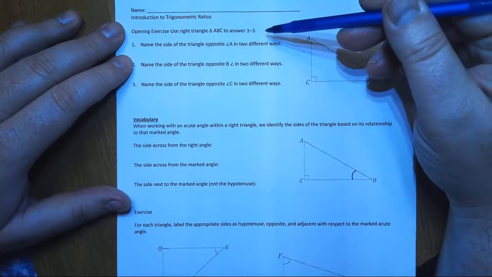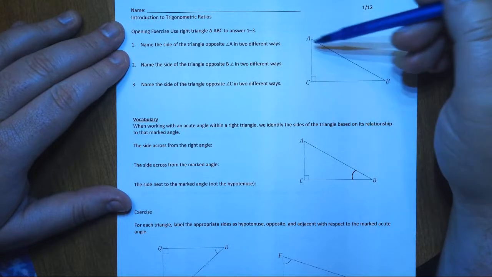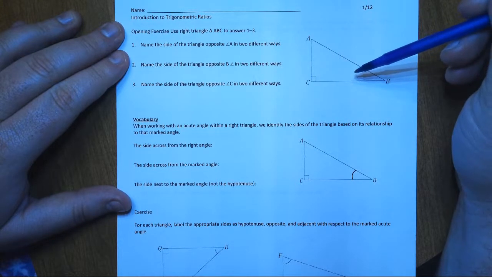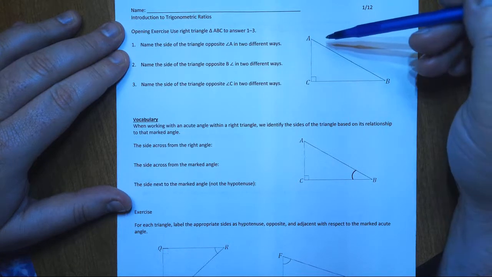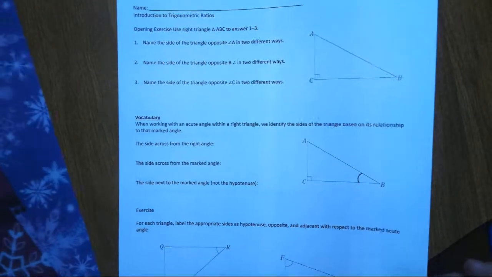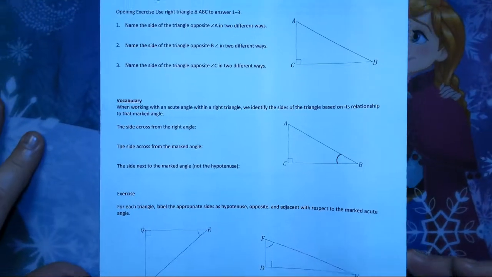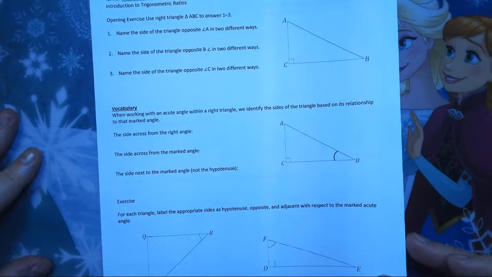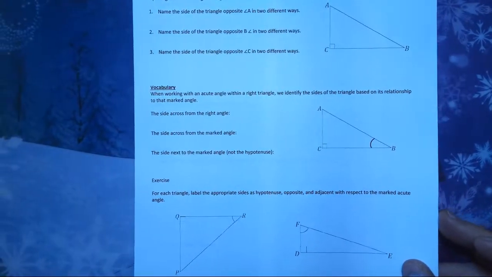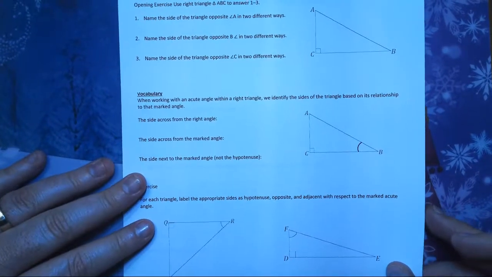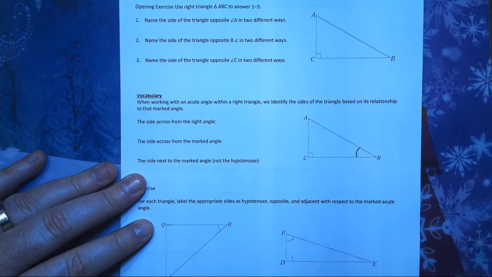So let's take a look at the first one. In the opening exercise, triangle ABC to the right, we want to name the side opposite A in 2 different ways. And before I forget, yes, the frozen placemat is back. So let's not forget here, the side of the triangle opposite A in 2 ways.